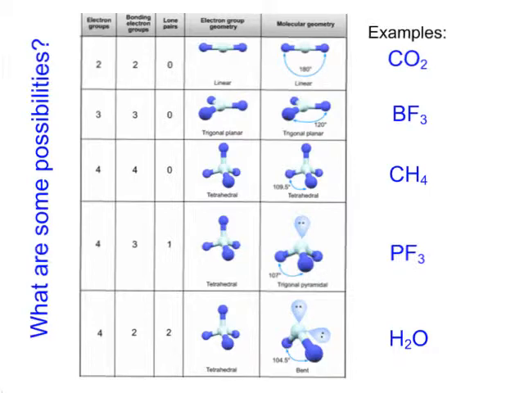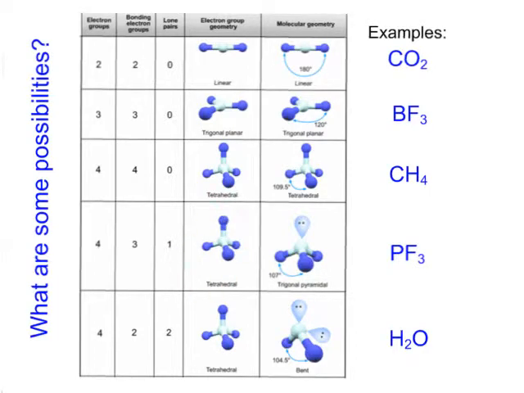We have a trigonal planar geometry, and there's 120 degrees in the angles between those atoms. Boron trifluoride is an example of that. Here is a tetrahedral shape of geometry, and here is the angle between the atoms. Methane is tetrahedral, and we looked at that already.